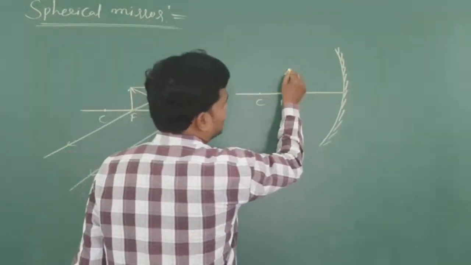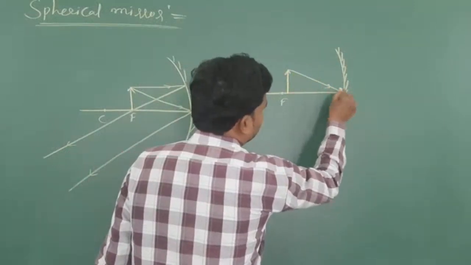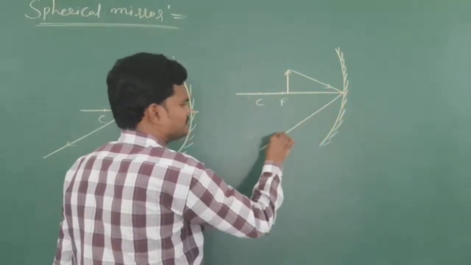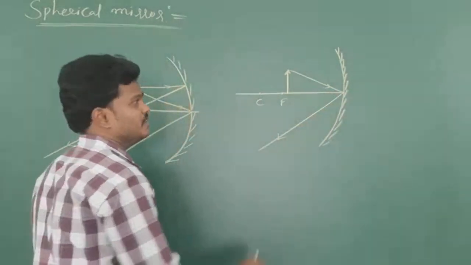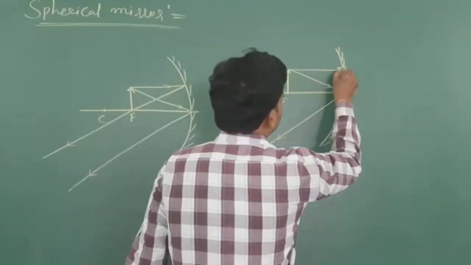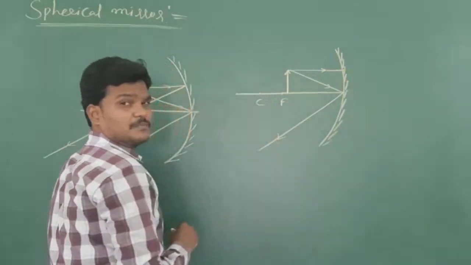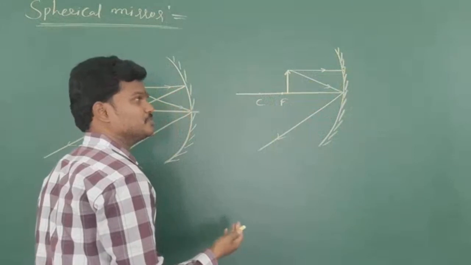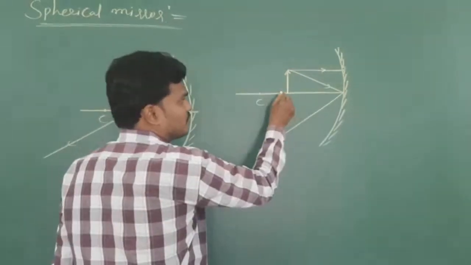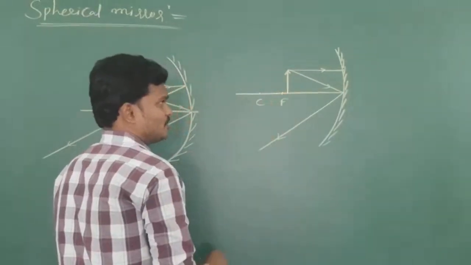No doubt one of the light rays strikes the pole and is reflected like this. If it is 1 degree, it will also make 1 degree. One more strikes the mirror. Once the parallel beam of light strikes the mirror, after reflection it has to pass through the principal focus. See, this is the principal focus.